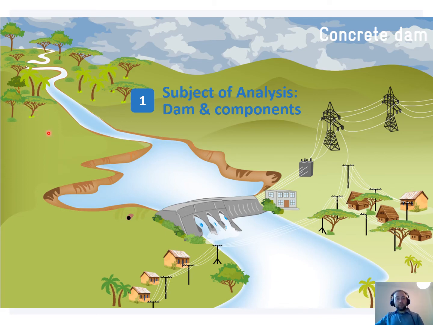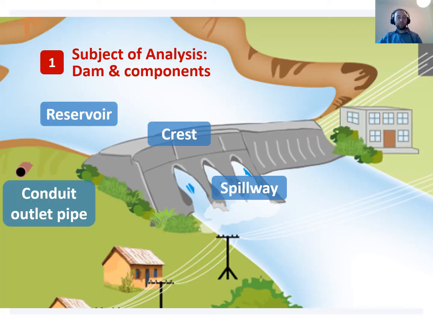In this context, our system of interest is everything that you are seeing here, both the dam itself as well as its different components: the reservoir, the crest, the spillway, and the pipe for overflow water.